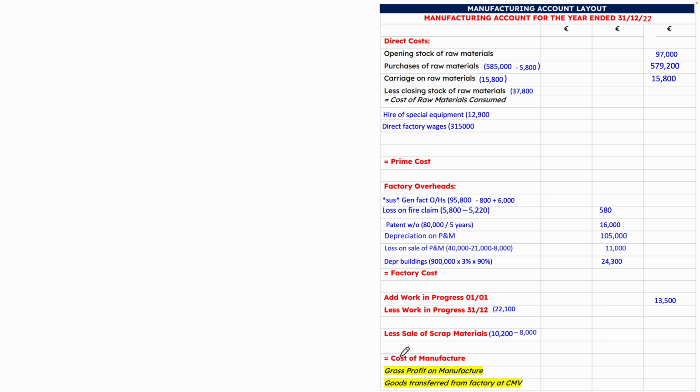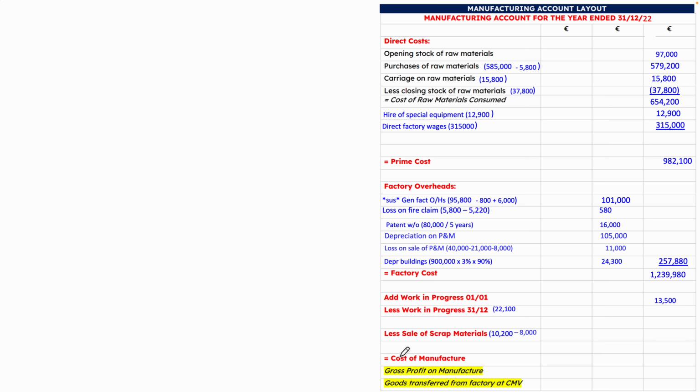So purchase raw materials, carriage raw materials, we take away the closing stock of raw materials, we add the fire special equipment, the direct factory wages, the prime cost, which is the total of the direct costs, is 982,100. We tot up our general factory overheads, then we add all those costs up, 257,880.